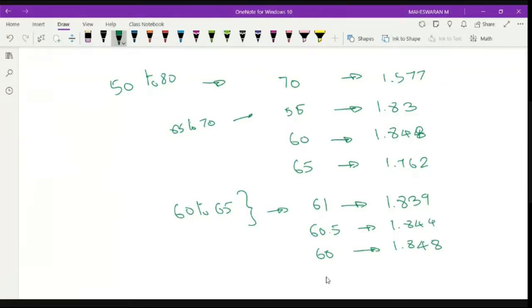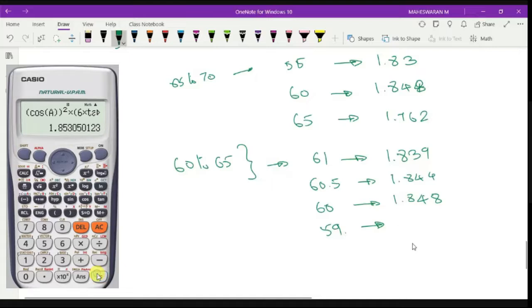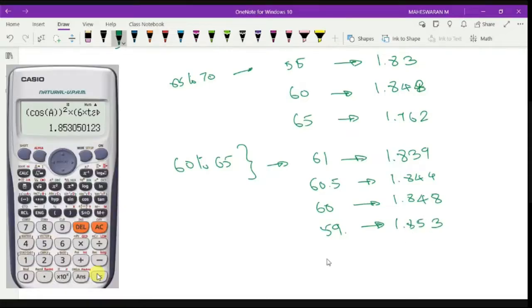Then let us consider 59. What will be the value? 1.853. Okay, still it is greater. Now 58.